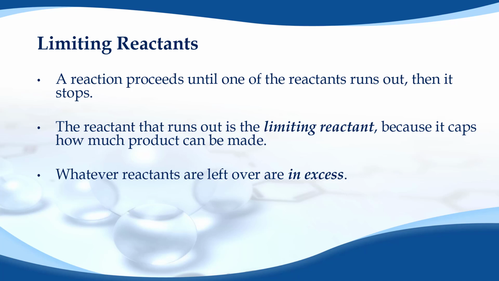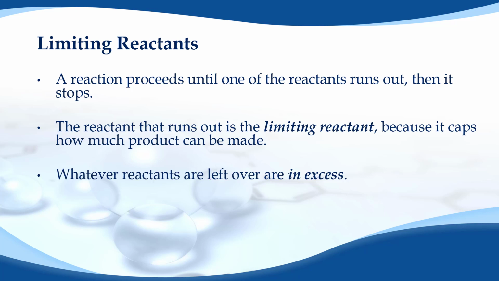Right? Excess means that you have more of them. So the idea is that we want to be able to identify which reactant is limiting, how much product will be made, because whatever amount the limiting reactant makes is the amount of product the reaction will have. And then we have to figure out what's left over and eventually how much of it we have left over.